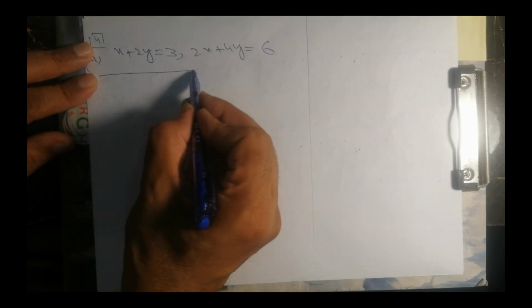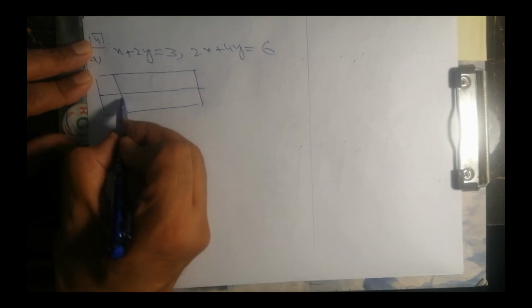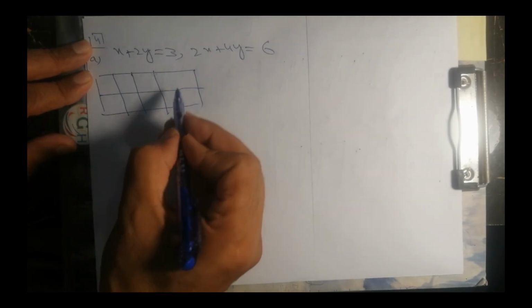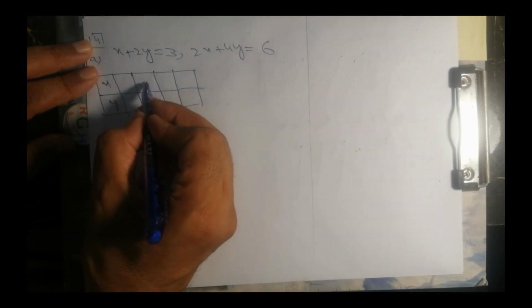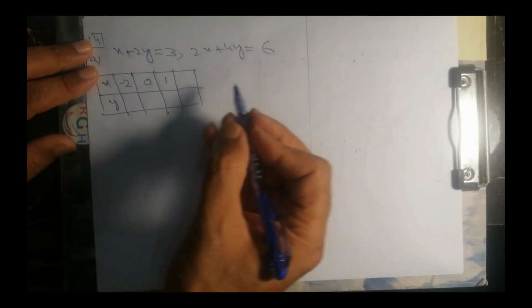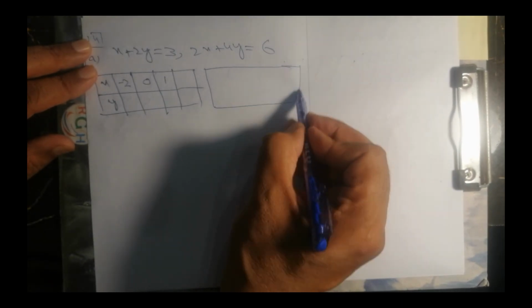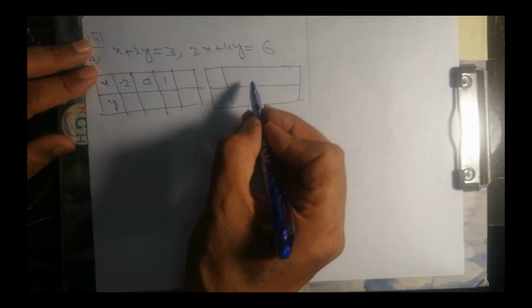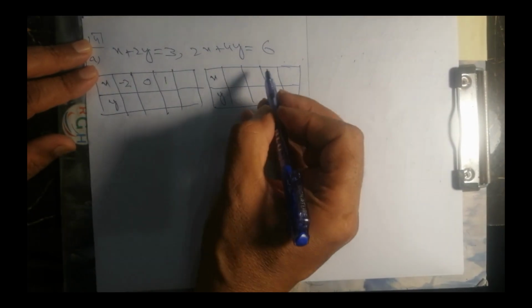So we need to draw the lines. x, y. So we put here 0, 1, minus 2 for example, and x, y.